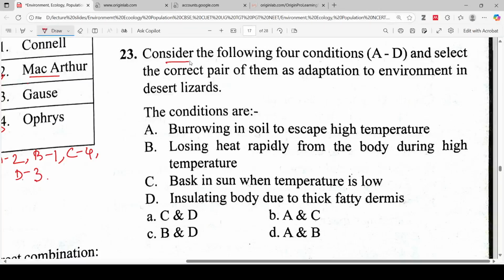Consider the following four conditions and select the correct pair of them as adaptation to environment in desert lizards. The conditions are burrowing in soil to escape high temperature, losing heat rapidly from body during high temperature, basking in sun when temperature is low, and insulating body due to thick fatty dermis.